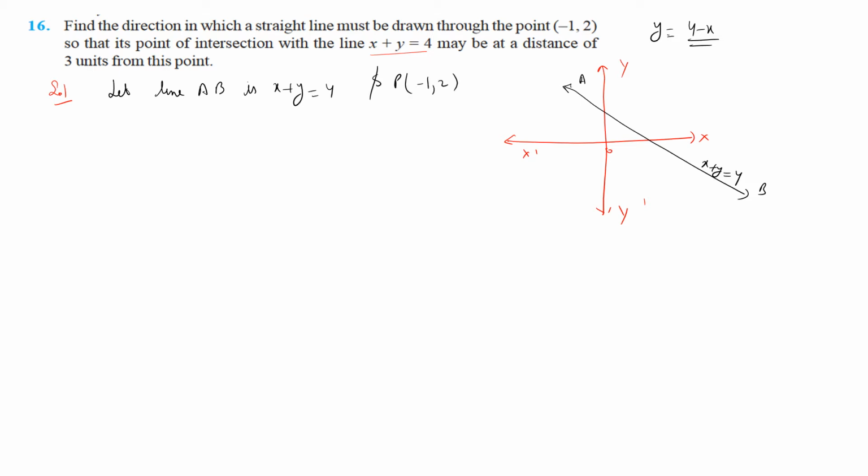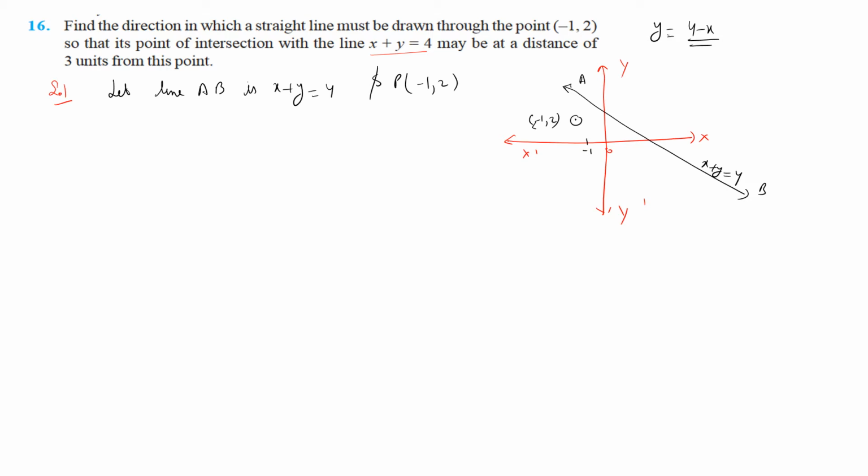So -1 is toward this side, so the point (-1, 2) will be here. He says, find the direction in which a straight line must be drawn through this point, that is intersecting this line.